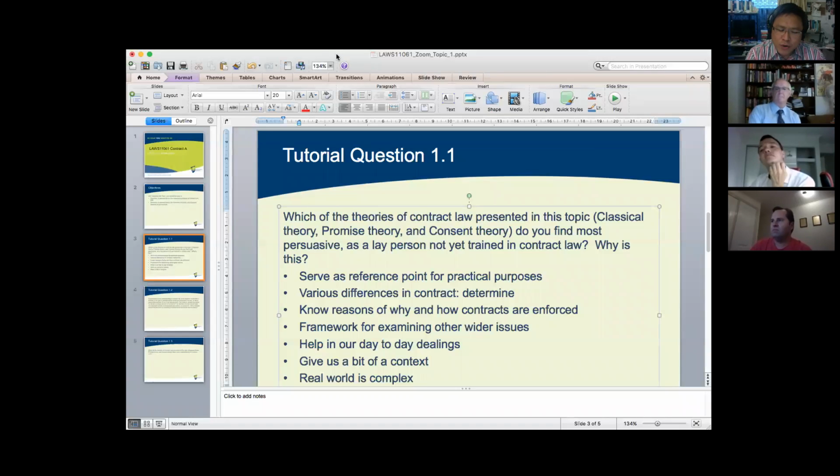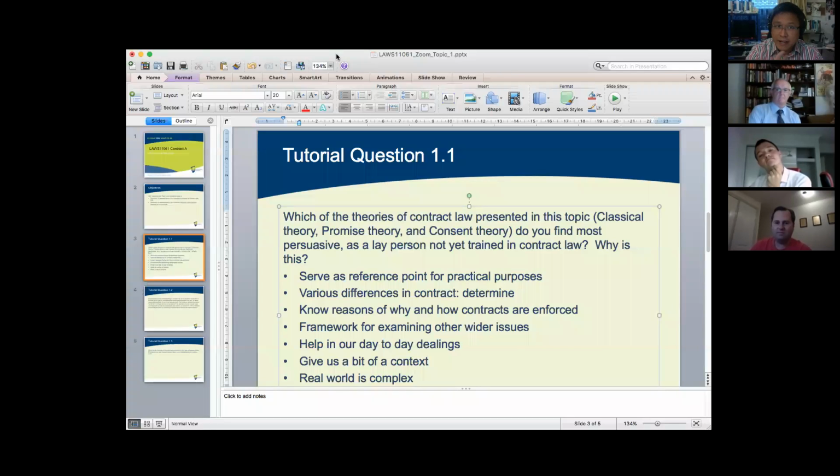Now, when you look at reality, the real world, as somebody said, is quite complex. And we try to find a way by which we could understand the real world by coming up with a simplified expression or a simplified illustration of what reality is.